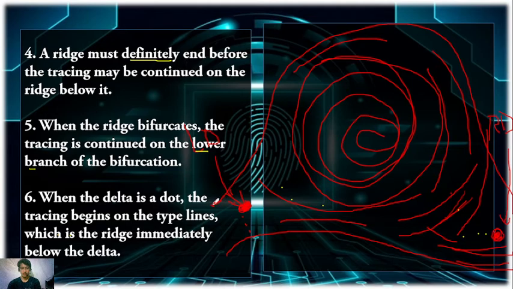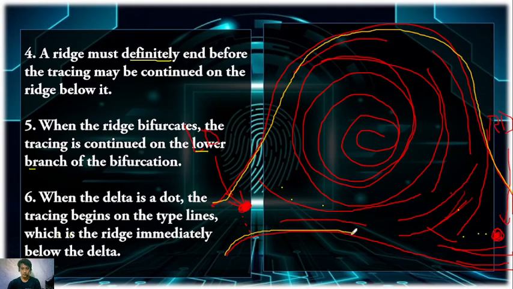Sabi natin, ang type line, it is the one that surrounds our pattern area. So as we have here, the type lines that we have, this is the innermost ridge that surrounds the pattern area, then this is our type line. So saan tayo magsisimula? Syempre dito sa type line, baba ng delta. Take note, hindi sa taas ng delta, sa baba ng delta.